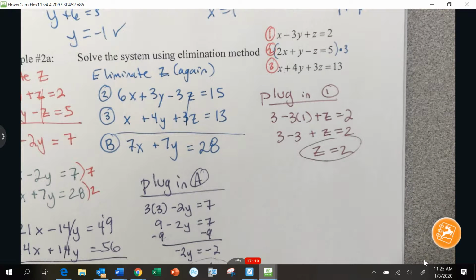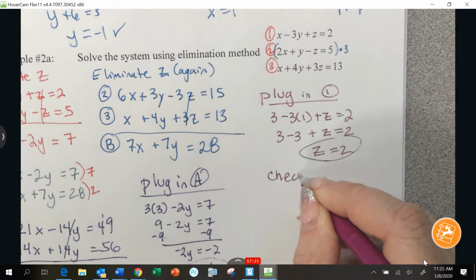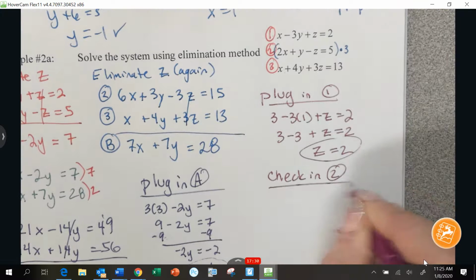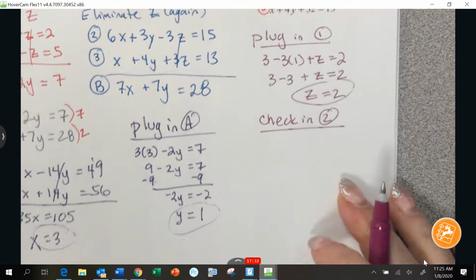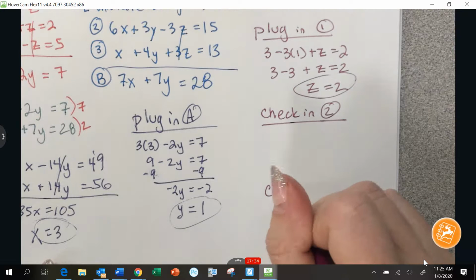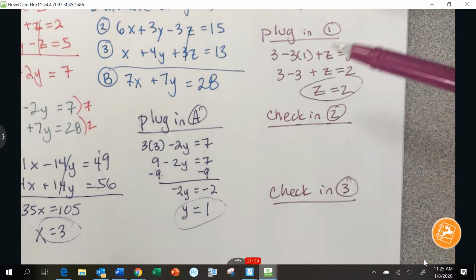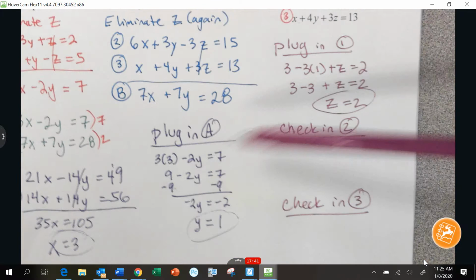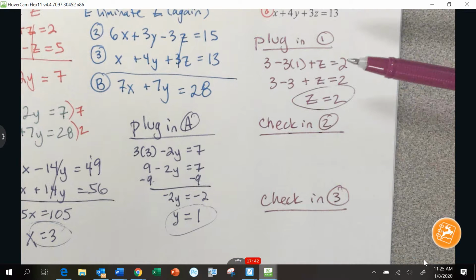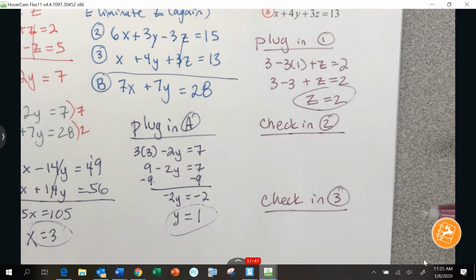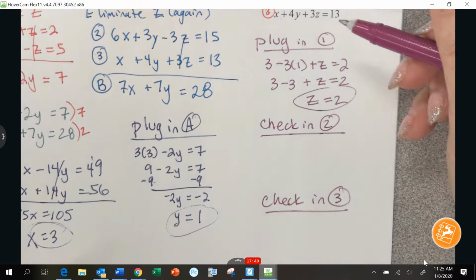So what are we checking? Both. Sorry, we check in 2. We're going to go ahead and do that, and then after you check in 2, we're going to check in 3. You'll see that my work is set up: this is where all my AB stuff is, and then finally I'm doing plug in 1, check in 2, check in 3. All right, check in 2.